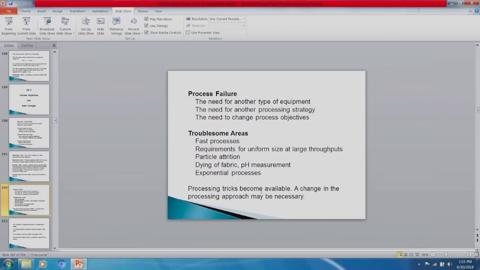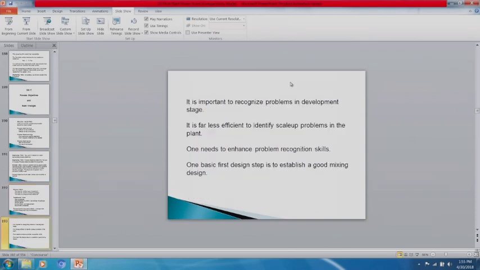There are, of course, processing tricks available, and a change in processing approach may be necessary. It's important to recognize problems in the development stage. It's far less efficient to identify scale-up problems in the plant. One needs to enhance problem recognition skills, and the first basic step in design is establishing a good mixing design.